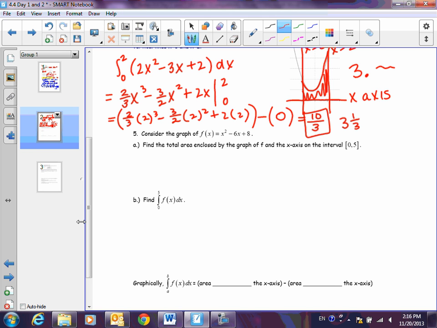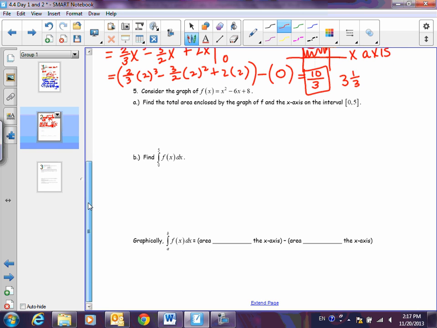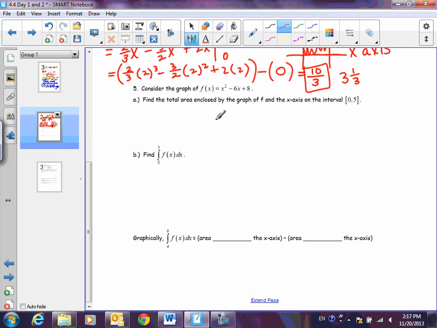Or how far are they from their house, meaning, at the end of the day, how far are they from where they started? The total distance is like total area. How far they are from where they started, that's the integral. And that's actually more useful most of the time, and we're going to look more at that as we continue.